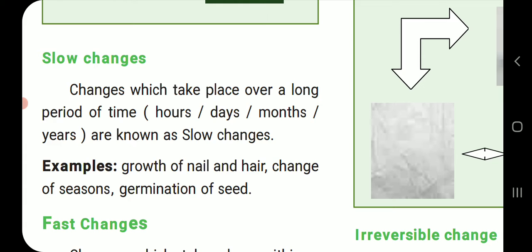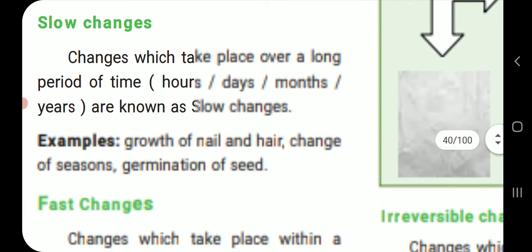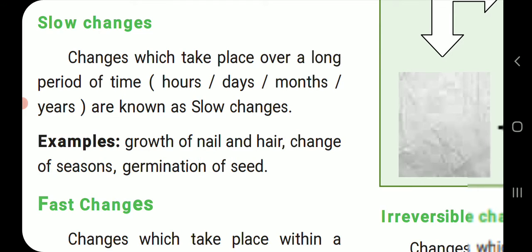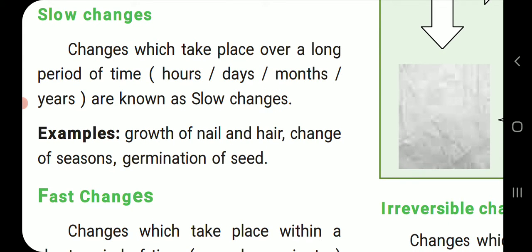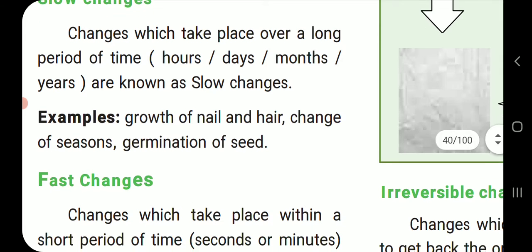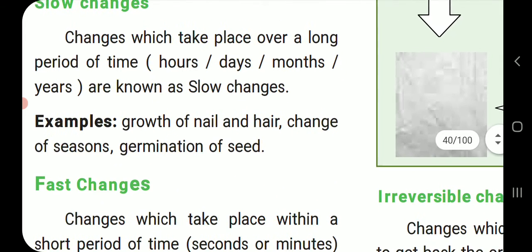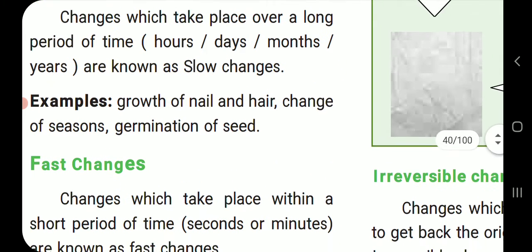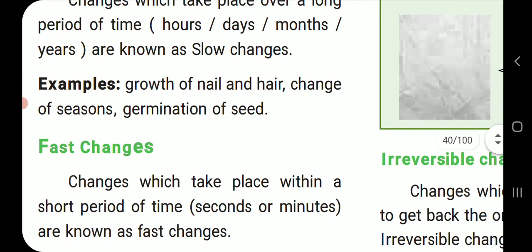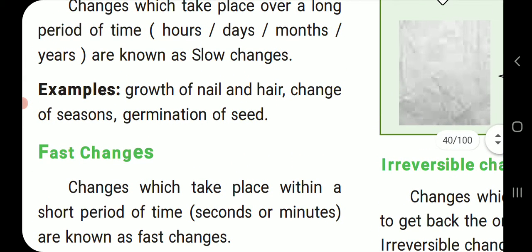Okay, slow change example: have you seen the growing of a nail, your hair? Can you see the change of seasons? Have you seen the germination of a seed? This type of change takes place very slowly, so that we can't see it happening. Only after it has changed can we see, oh, our nail has grown.